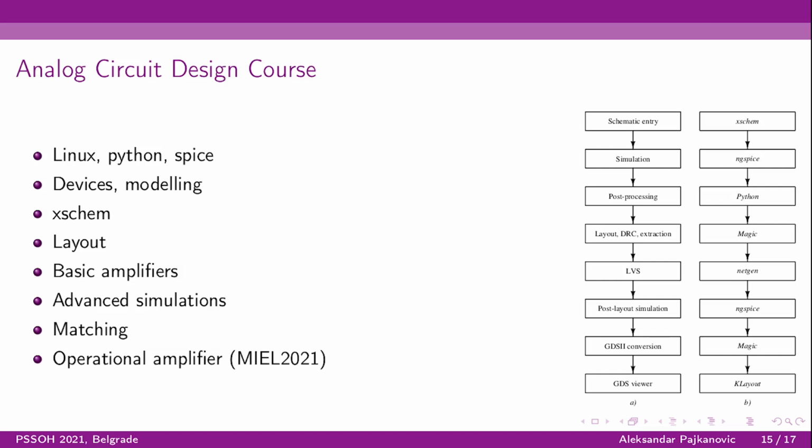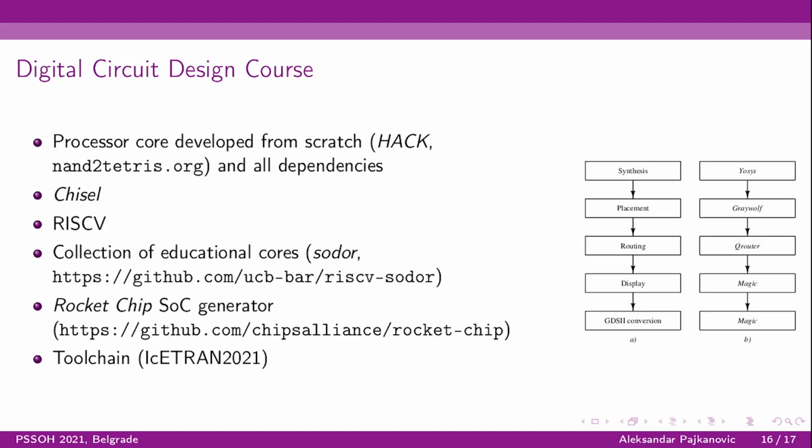As far as theory goes, we work with the basic amplifiers, and then we move on to advanced simulation techniques, advanced layout techniques, matching, and we finish with the design of the operational amplifier. For more details on the operational amplifier, please check the paper we published just recently, just a month ago at the MEAL conference.